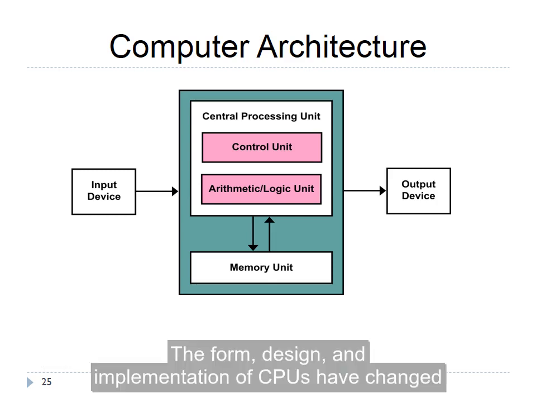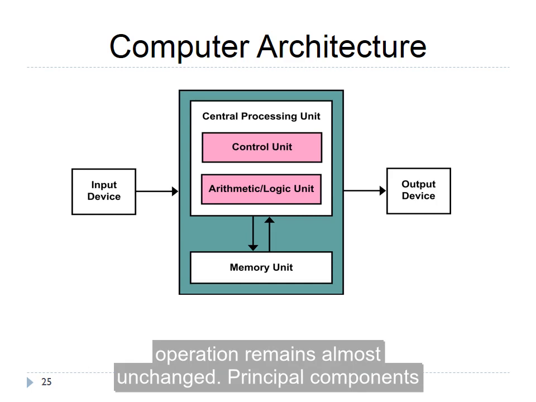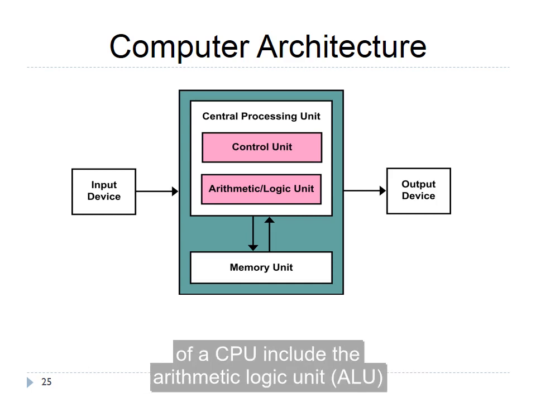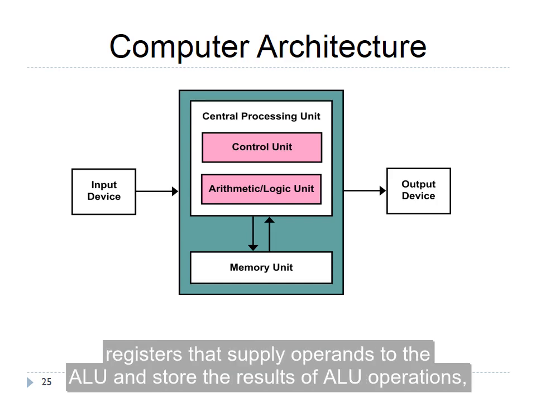The form, design, and implementation of CPUs have changed over the course of their history, but their fundamental operation remains almost unchanged. Principal components of a CPU include the arithmetic logic unit, or ALU, that performs the arithmetic and logical operations, and processor registers that supply operands to the ALU and store the results of ALU operations.